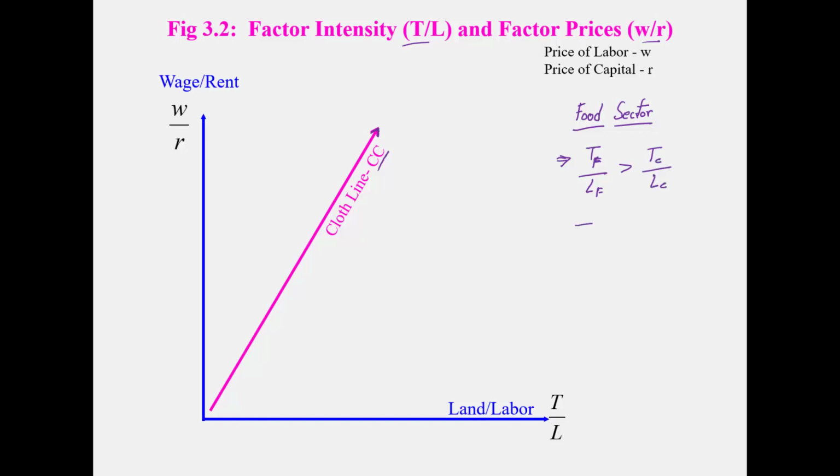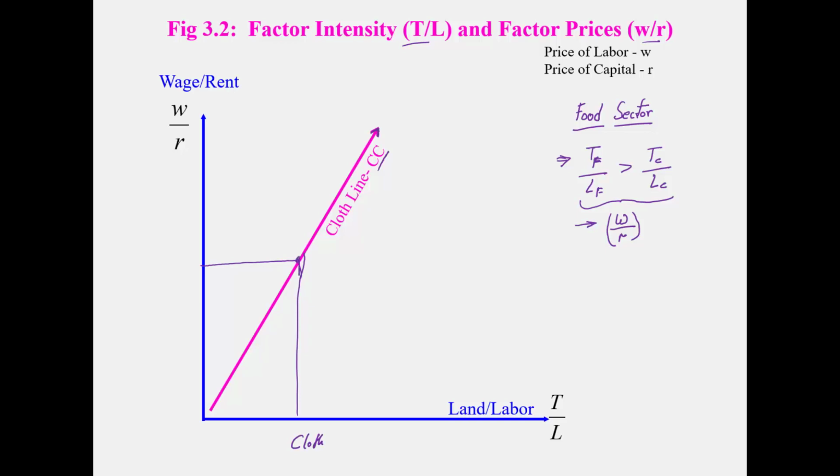And how did we define factor intensity? Well, for a given wage by rental ratio, when W by R is fixed, we observe that the land by labor ratio used in the food sector is higher than the land by labor ratio used in the cloth sector. So for a given W by R, this is the land by labor ratio that is used in the cloth sector.